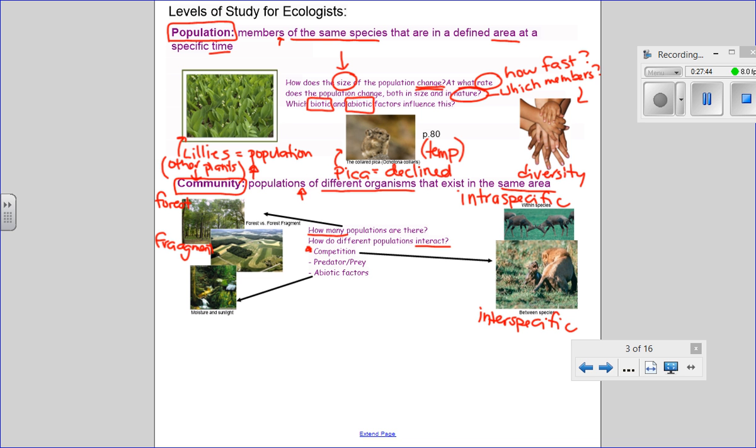And on the bottom, of course, that's a lion and a hyena, and they are in competition for a food source. So competition doesn't have to be with just your own species. It could be with any other organism that wants your food source. We have predator-prey, like we mentioned already on the first page. Who's eating you? Who are you eating? And then lastly, abiotic factors, like here, sun and water availability, will affect the community that's trying to live there.